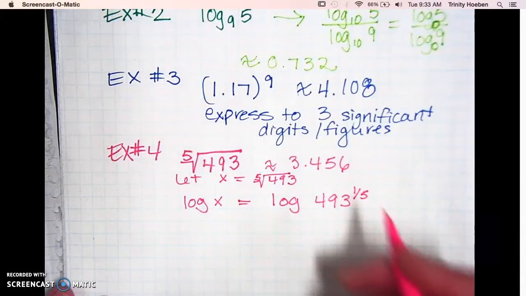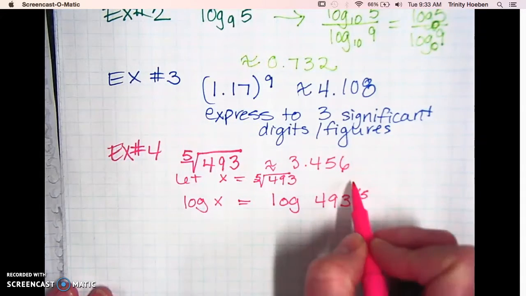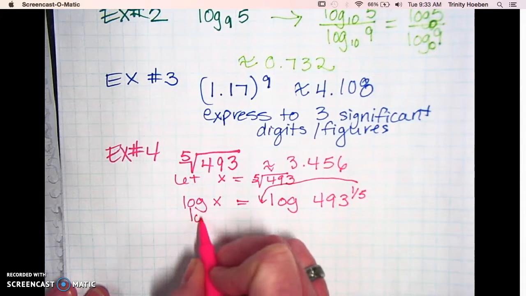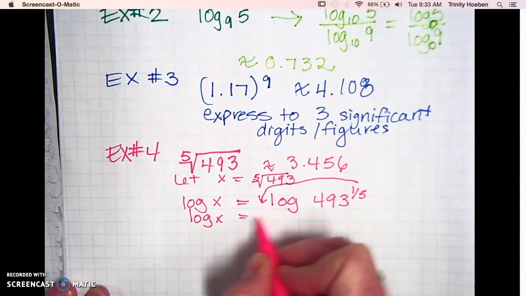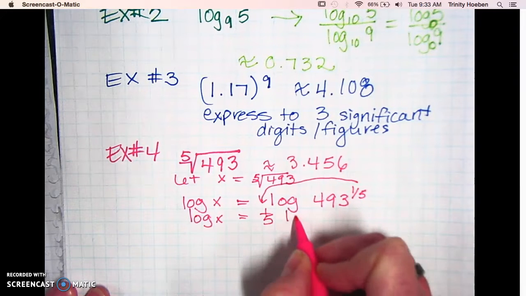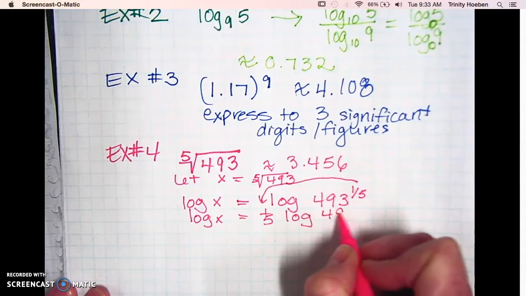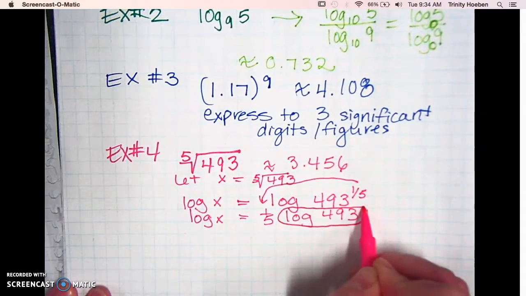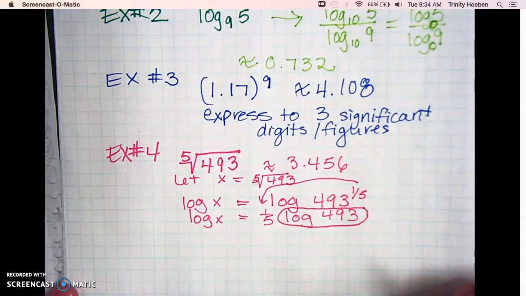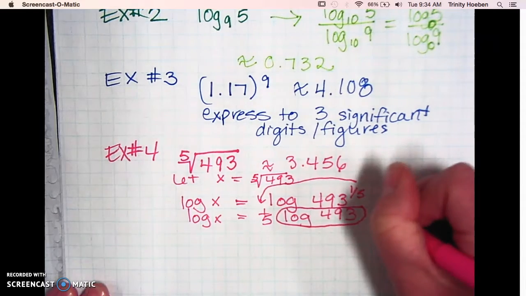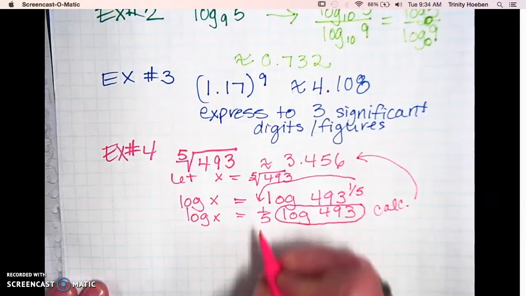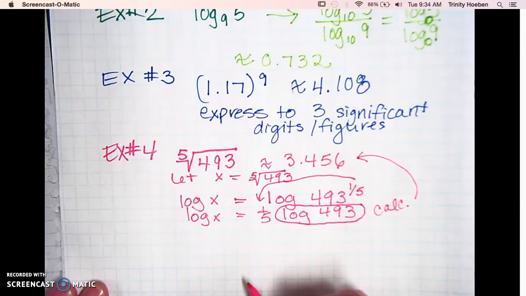And then first we can take that exponent and move it out front. So we'll have log of x equal to 1/5 times the log of 493.